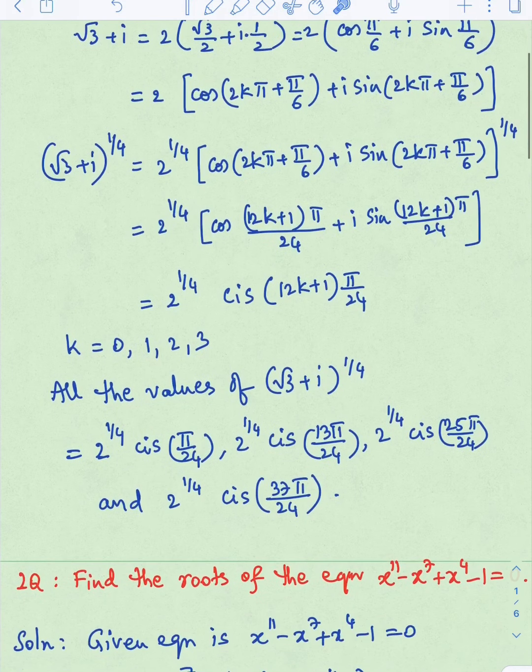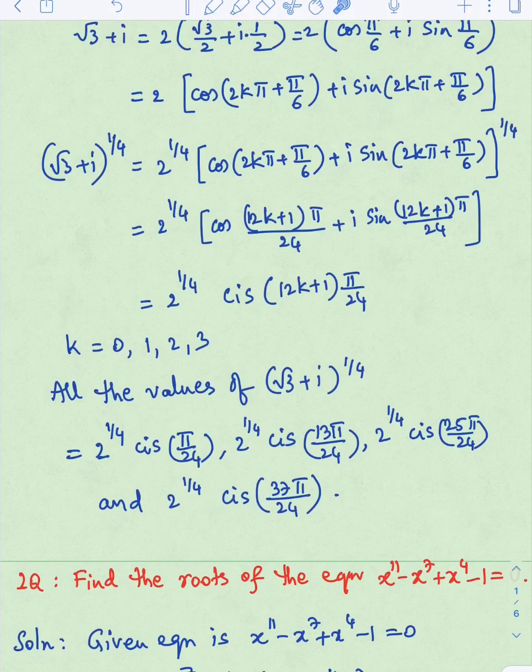You get 4 roots. That is, all the values of this given question are 2 power 1 by 4 cis pi by 24, 13 pi by 24, 25 pi by 24, 37 pi by 24. When you put 0 in it, you get 12 into 0, 0, 0 plus 1, 1.